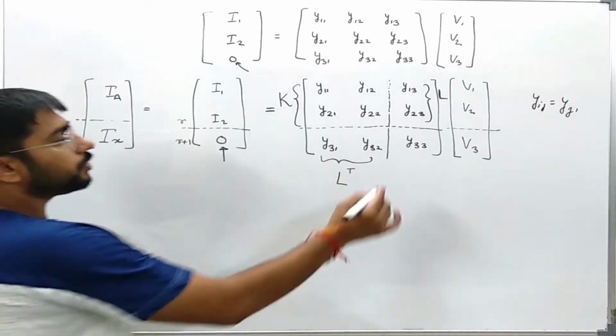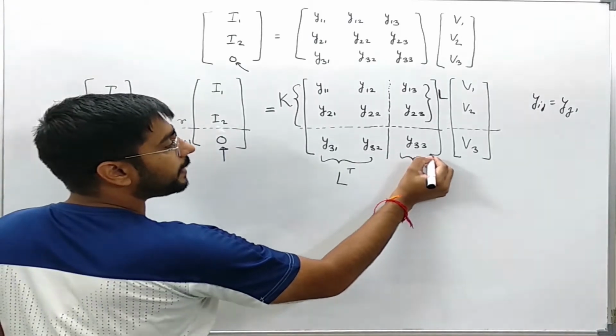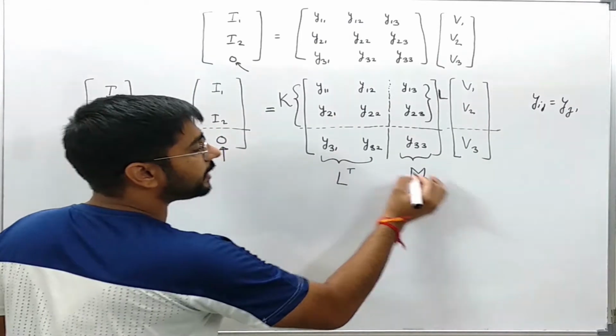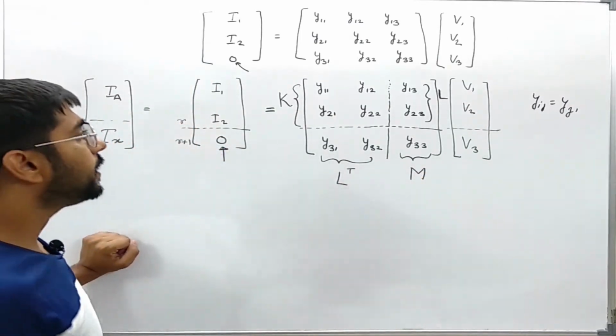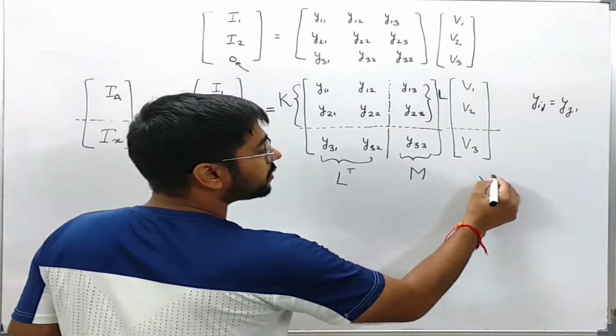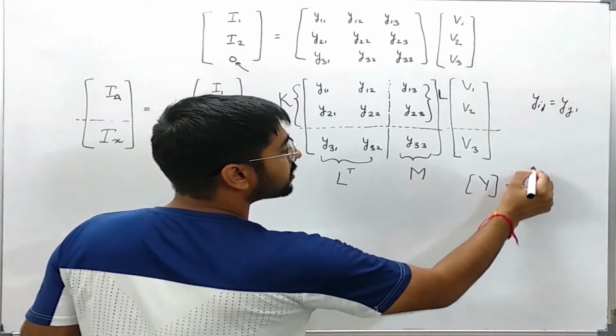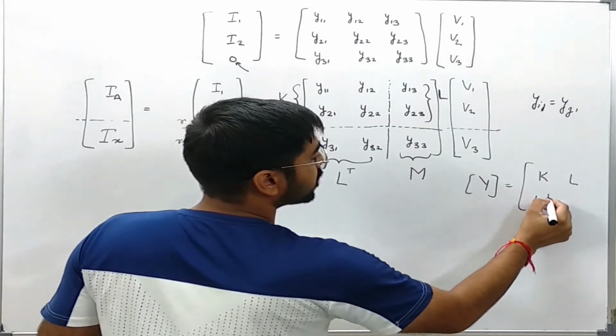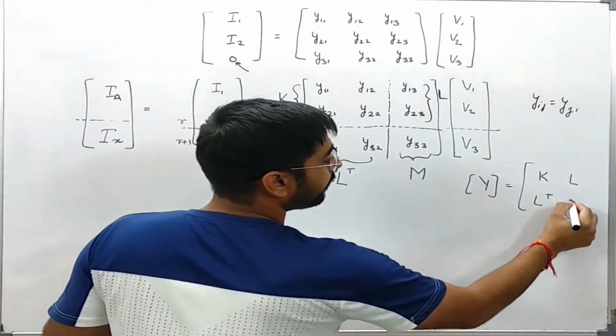Now the last submatrix is M, although it is just a single element matrix. So I have partitioned the Y matrix into 4 submatrices K, L, L transpose, M.